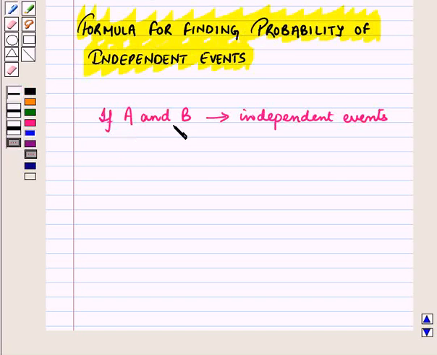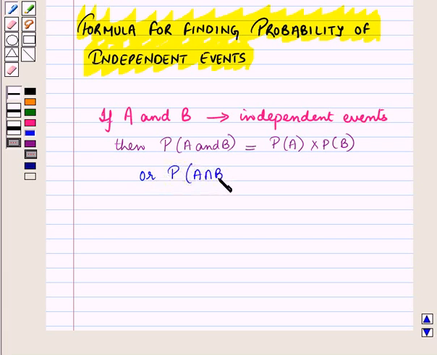If A and B are two independent events, then probability of both events occurring is the product of the probability of event A and probability of event B, that is probability P of event A and B. This also means probability of both events occurring is equal to probability of event A into probability of event B, or we can write it as probability P of event A intersection B is equal to probability P of event A into probability P of event B.